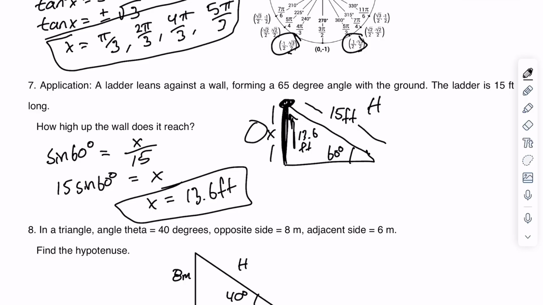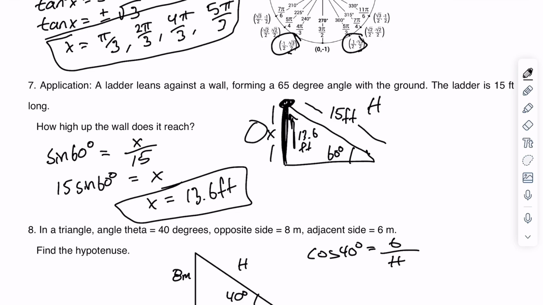So what we can do is we can use cosine. Cosine 40 degrees equals 6 meters divided by the hypotenuse, adjacent over hypotenuse.